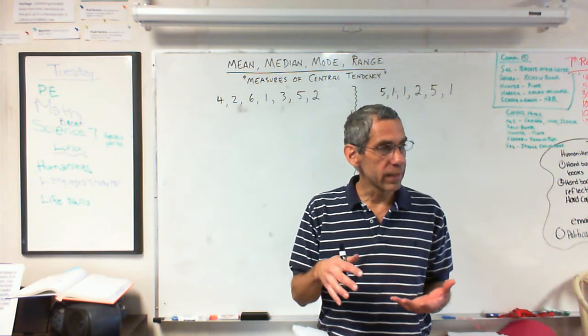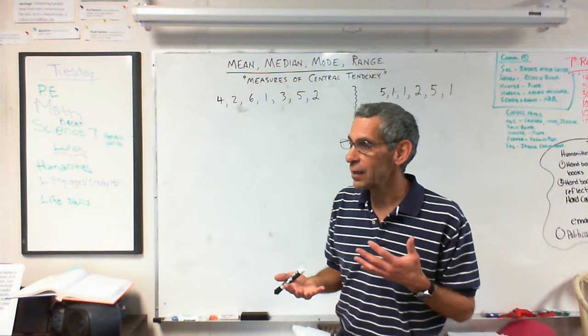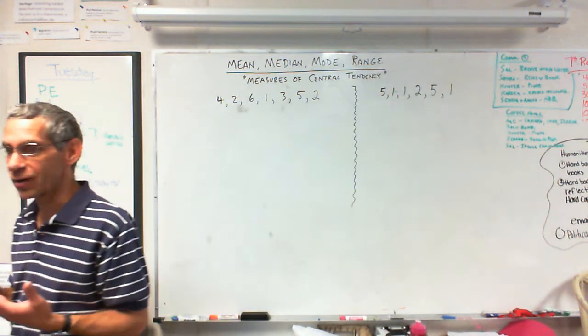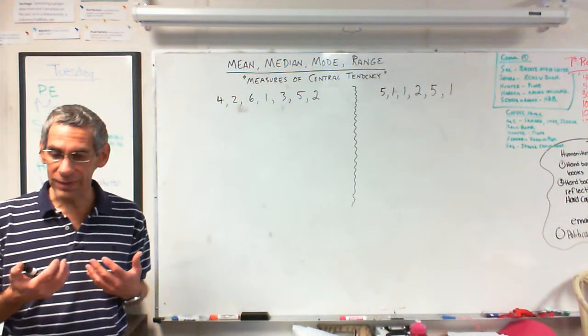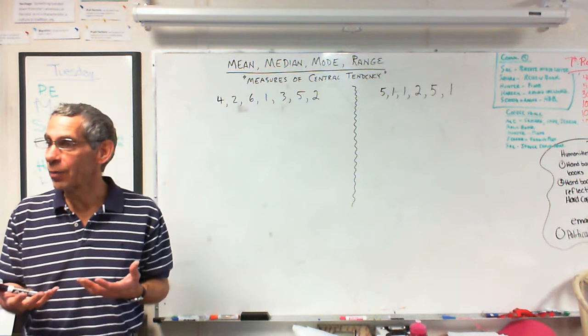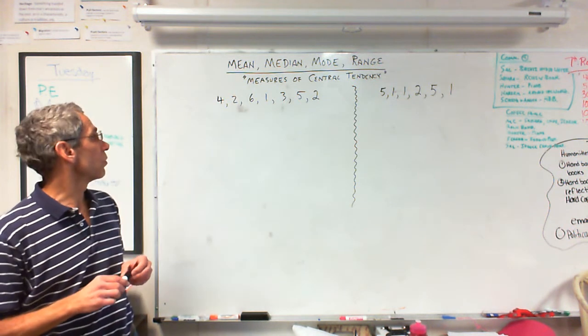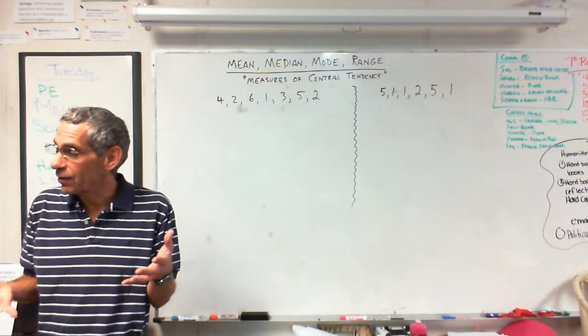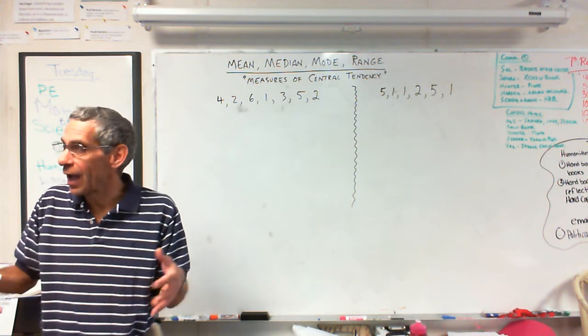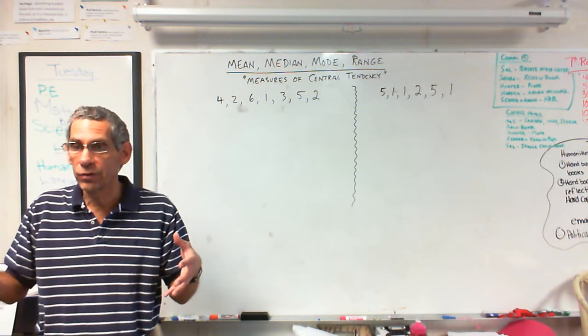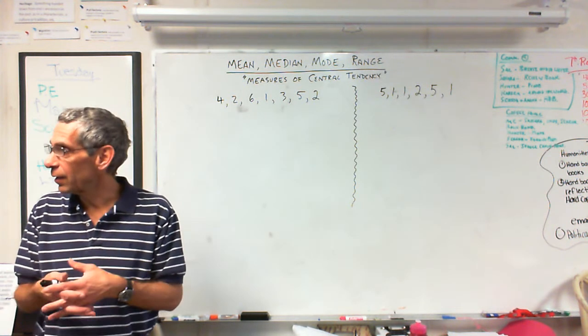And by looking at it in different ways, we can find some interesting information about those numbers. In fact, they're all sort of related to the center. How does the group of numbers relate to the center, right?